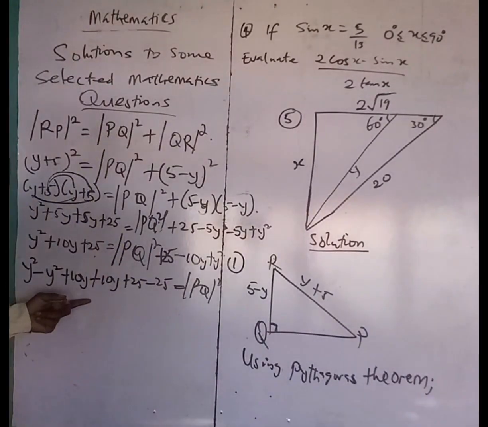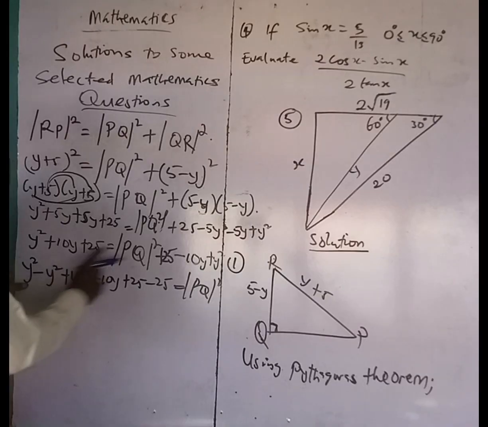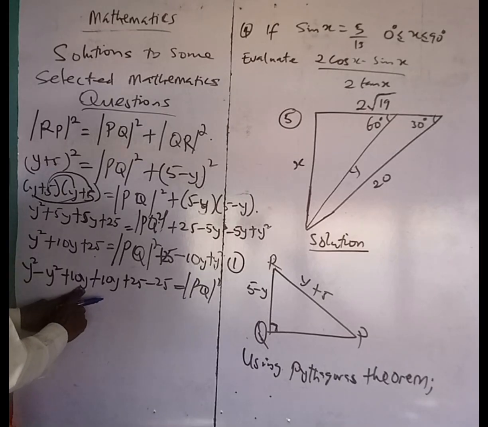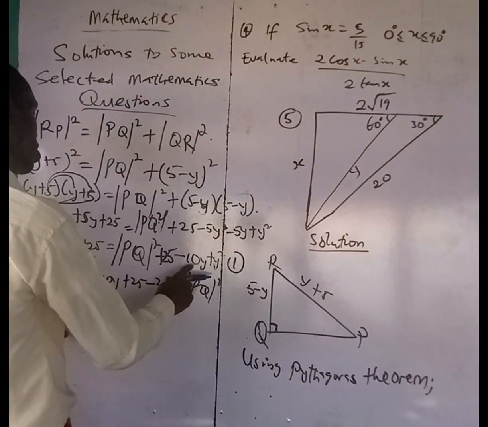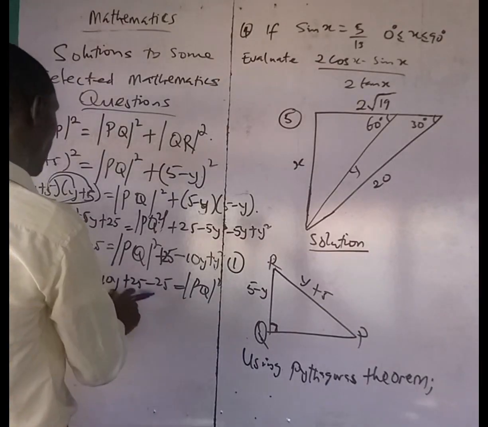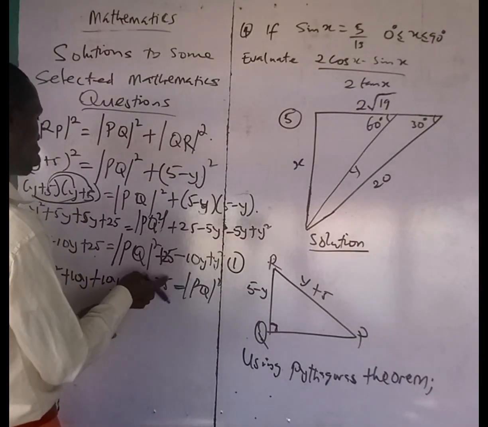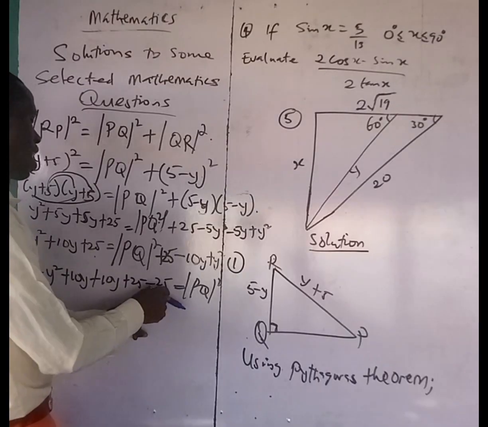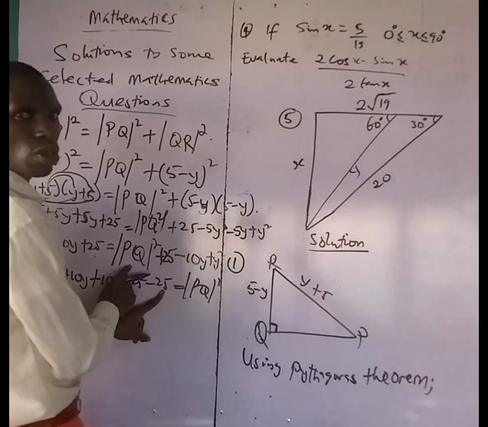Please, do you understand? Now let's see what we did again. The y squared is plus here; when it crosses, it becomes minus. Here you have minus 10y; when it crosses, it becomes plus 10y. Here you have plus 25; when it crosses, it becomes minus 25. Then we are left with PQ squared.